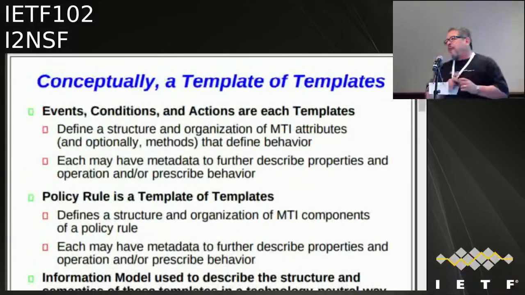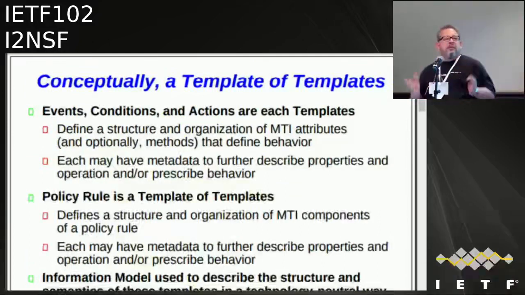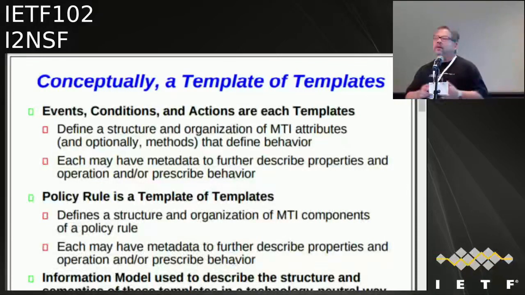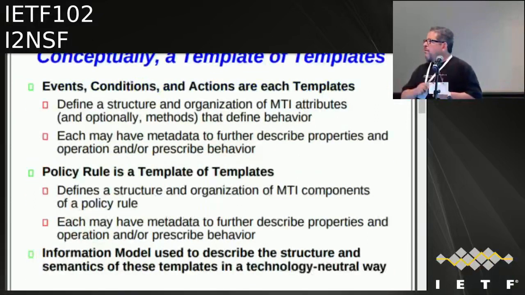Right now, the draft is restricted to imperative policies. So basically, when an event fires, if the condition of the policy is true, then you may execute actions, otherwise you do nothing. I say may because there's both metadata as well as other restrictions that control, for example, the execution order of policies.